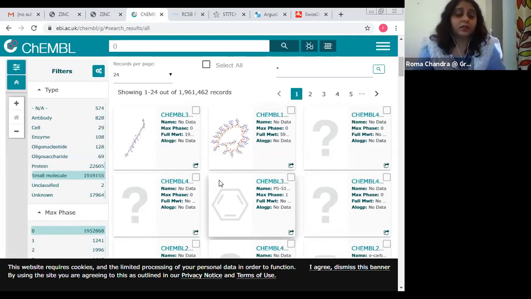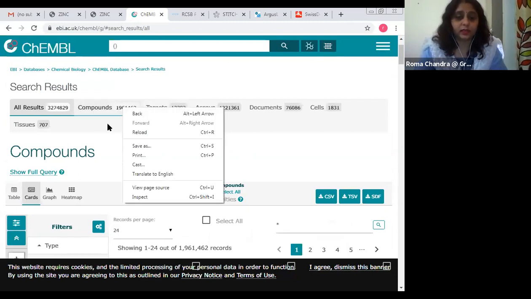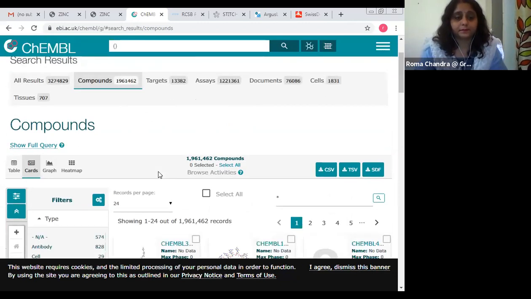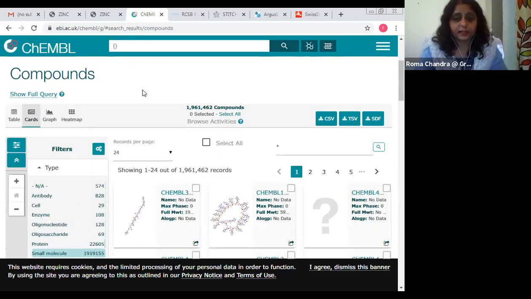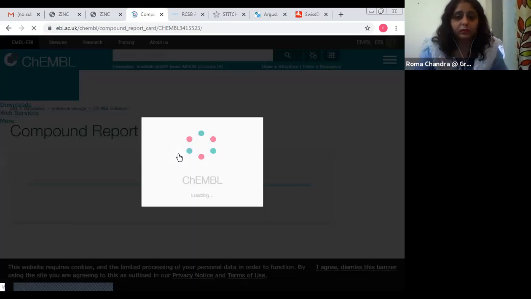So you can see here, I just clicked, and there are this number of compounds and this number of targets. If I go through the compounds and select one, I can see these are the number of compounds.